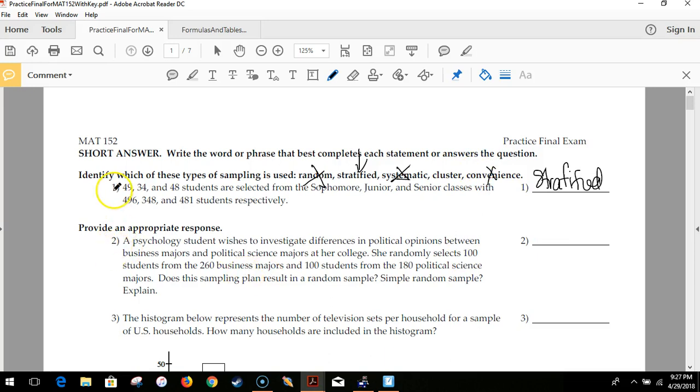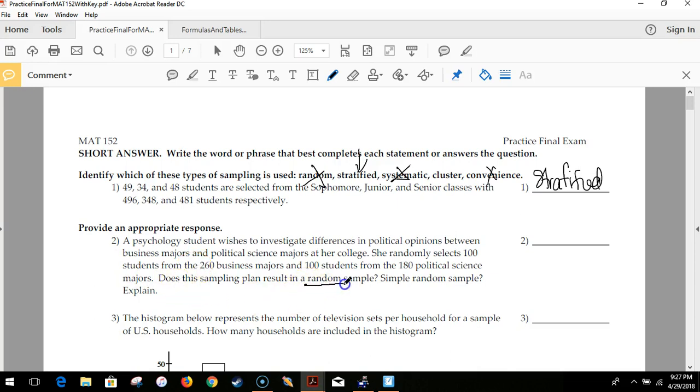Number 2, same directions as before. What type of sample is this? Is it a random sample, and is it a simple random sample? A psychology student wishes to investigate differences in political opinions between business majors and poli-sci majors. Select 100 students from 260 business majors and 100 students from the 180 poli-sci majors.